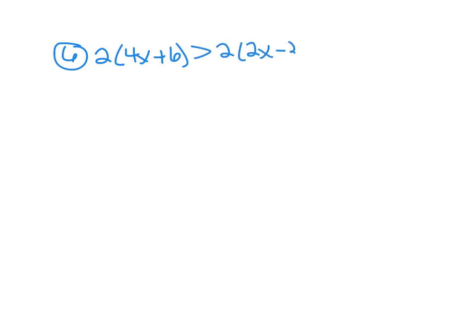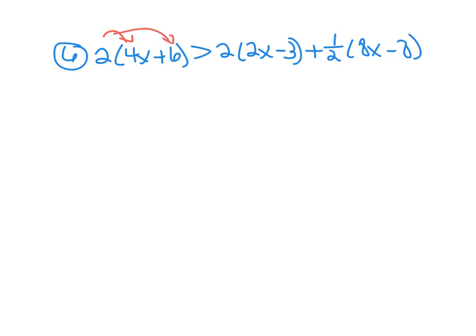All right, let's try number 6. 2 times 4x plus 6 greater than 2 times 2x minus 3 plus 1/2 times 8x minus 8. All right, hit pause, solve this one, and come back and check to see how you did.